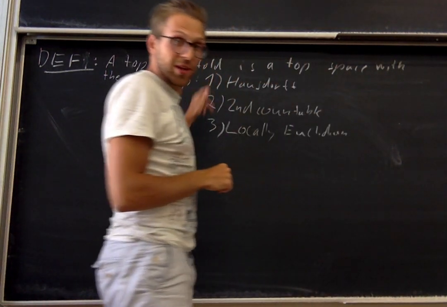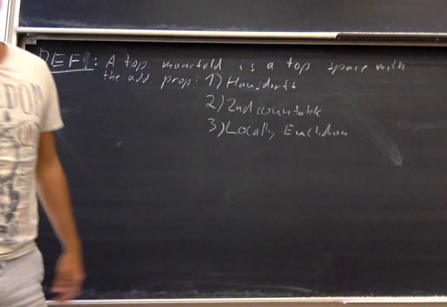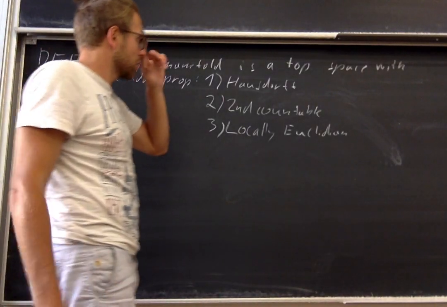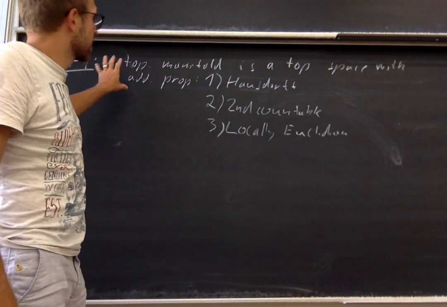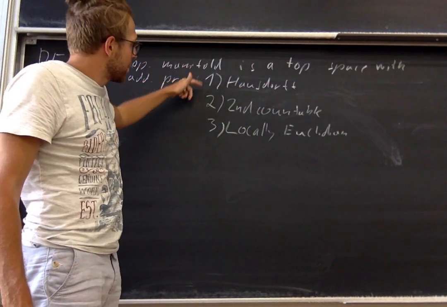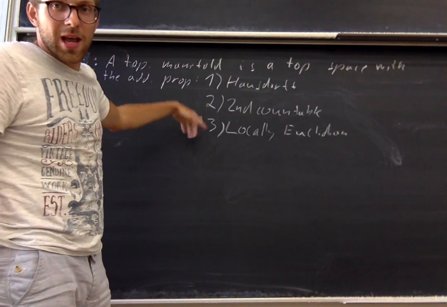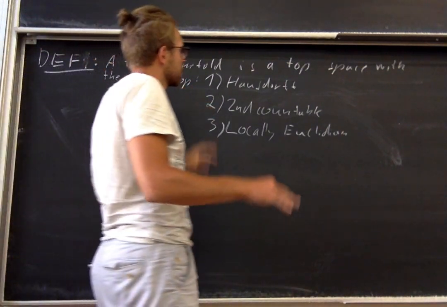We're going to go through these in case you aren't familiar with them, but if you had some kind of basic course in topology, you should be reasonably familiar with them. So basically, you take a topological space and you impose these 3 additional conditions and you have a topological manifold. So that's how it works.